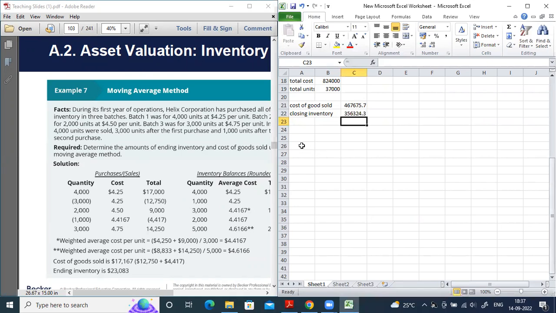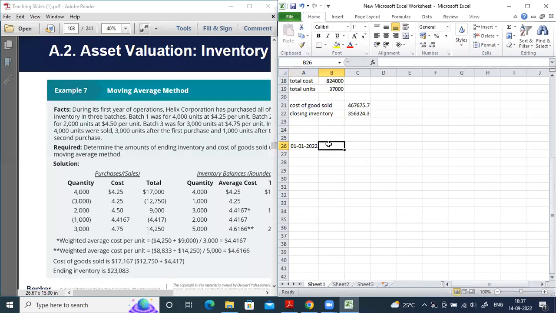Now here instead of batch, I will give the date. On 1st January 2022, purchased 8,000 units at the rate of $8.